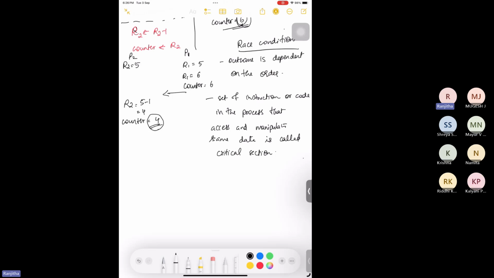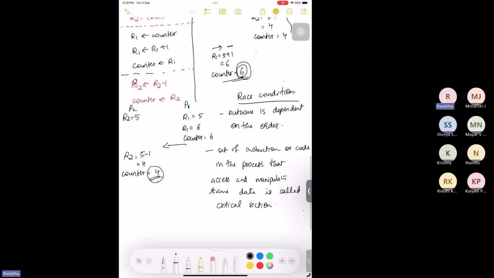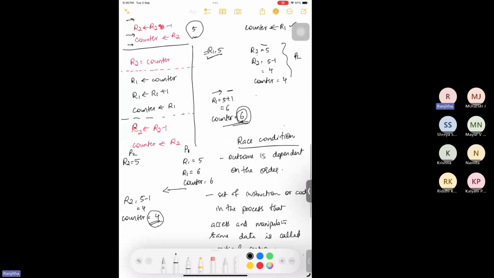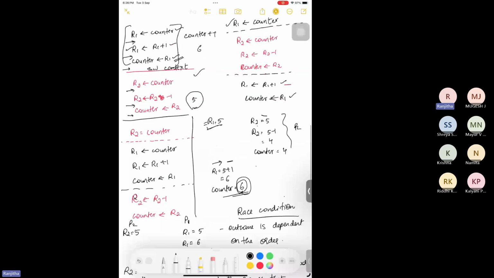So we have to ensure that if P1 has started this particular counter plus plus, which has these three instructions, right? We have to ensure that if P1 or P2 have come here, they should be allowed to complete this before the other process goes and modifies counter. So this is what synchronization means.